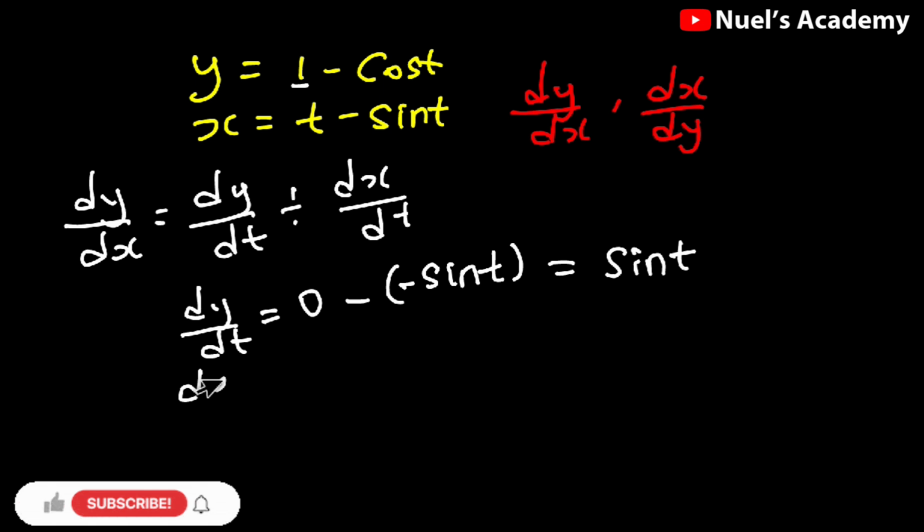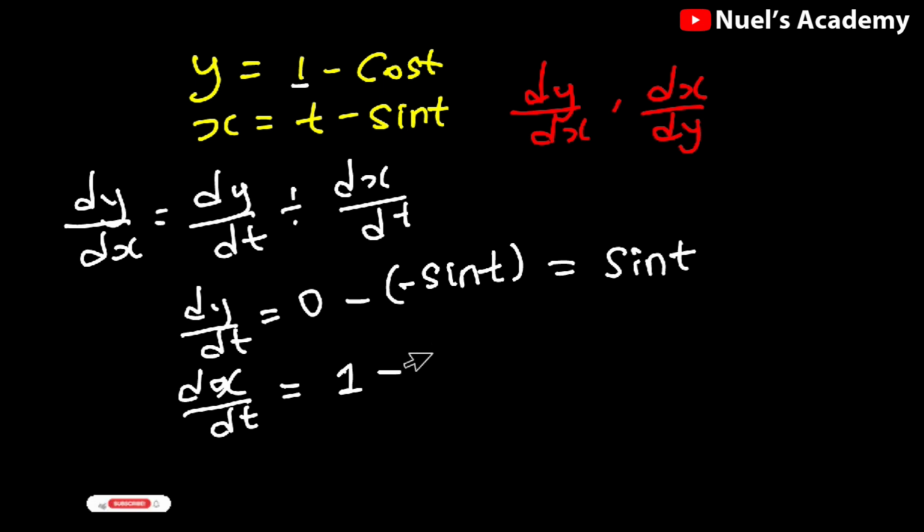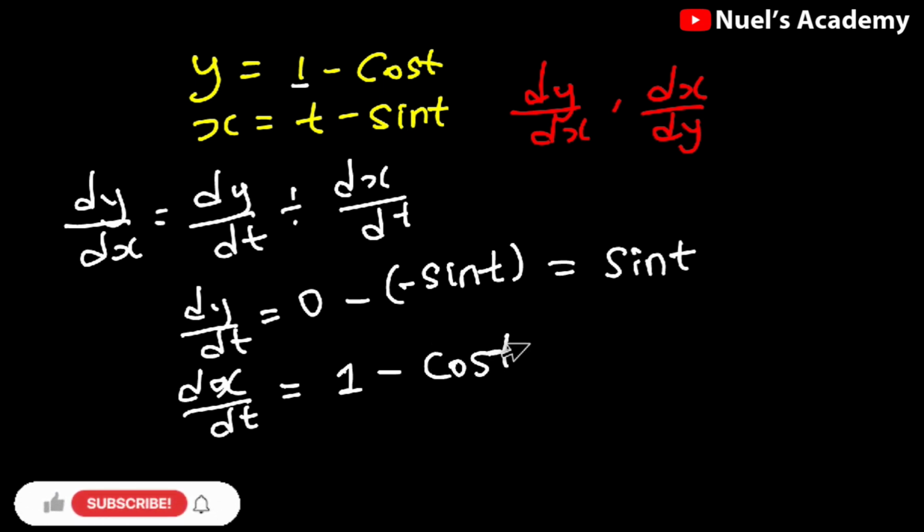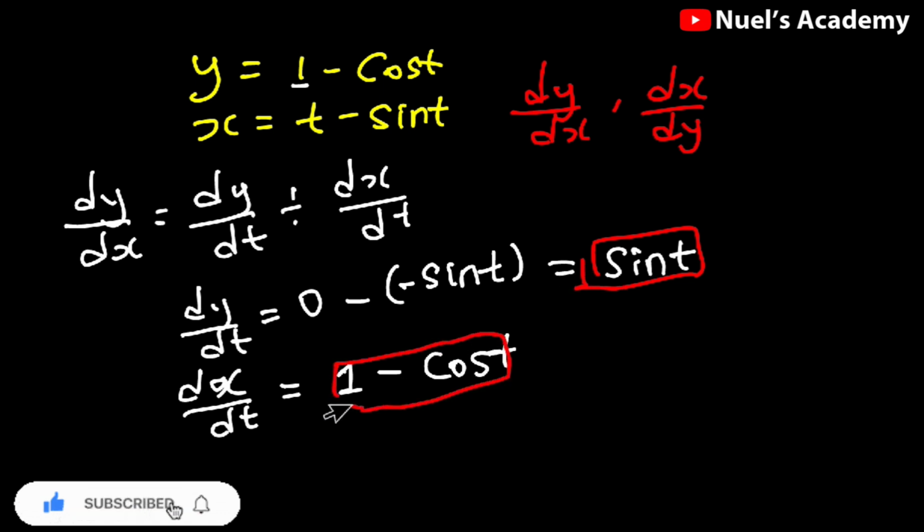Now if we differentiate x with respect to t, we have that dx/dt is equal to, if we differentiate t, we get 1, then minus, if we differentiate sine t, we get cosine t. So these are the two answers for dy/dt and dx/dt.